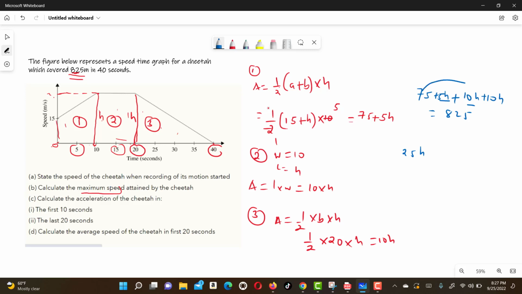Then if we take 75 to the other side, 25h is equivalent to 825 minus 75, which is 750. Dividing both sides by 25 gives us the height as 30 meters per second, because that is the maximum speed attained by the cheetah. Here it will be 30.